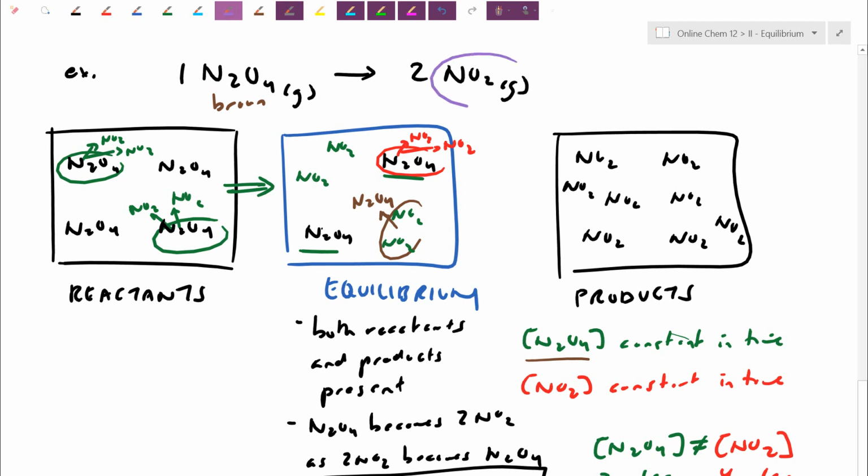So far I only have the products, which can collide together, recombine, and go backwards to become N2O4. So slowly over time, these are going to start becoming N2O4. It's going to start making that chemical that looks like a brown color. And basically, we're going to end up hitting the same equilibrium. As long as we're at the same temperature, we're going to end up hitting the same equilibrium.